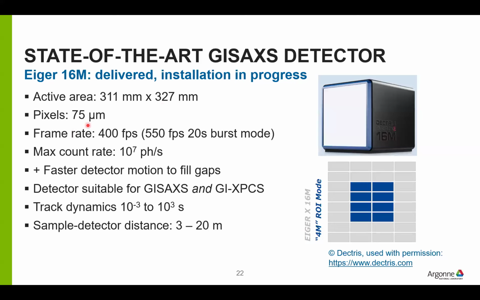Meanwhile, the pixels are less than half as large, only 75 microns. And the frame rate is faster, up to over 500 frames per second. We'll have it mounted on a faster detector motion, and it'll be suitable for both GIXS and grazing incidence X-ray photon correlation spectroscopy. And we'll cover dynamics over a wide range of timescales.